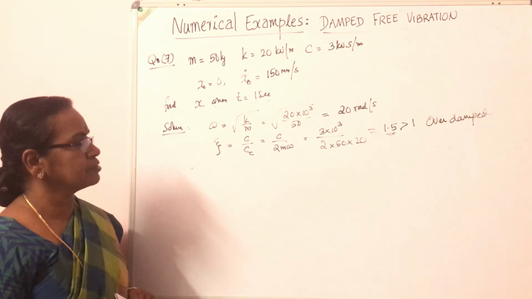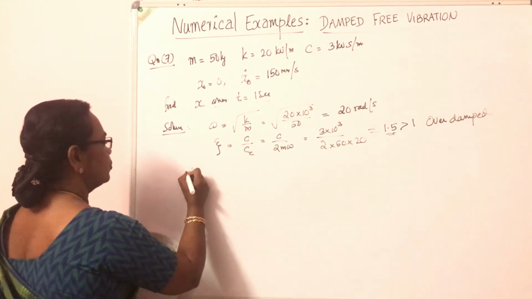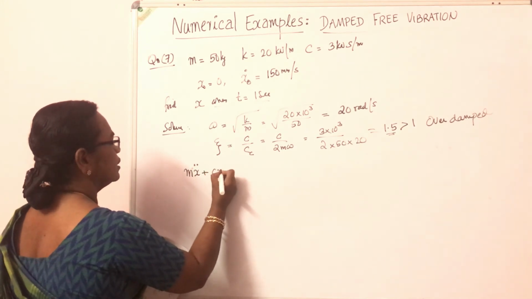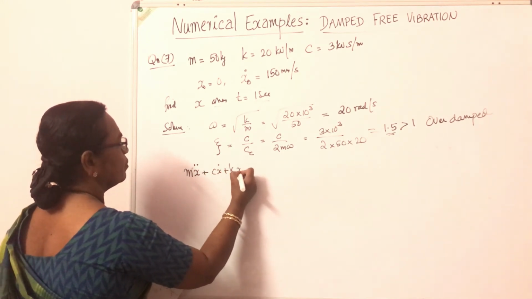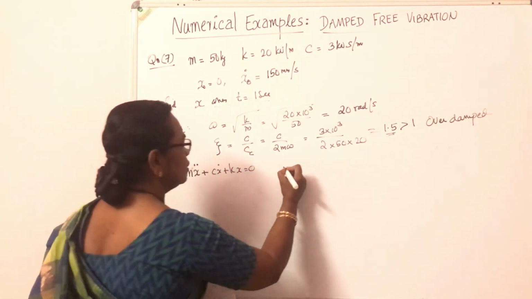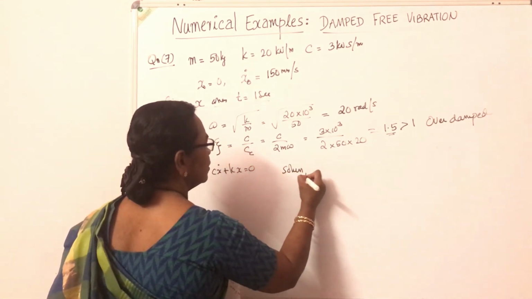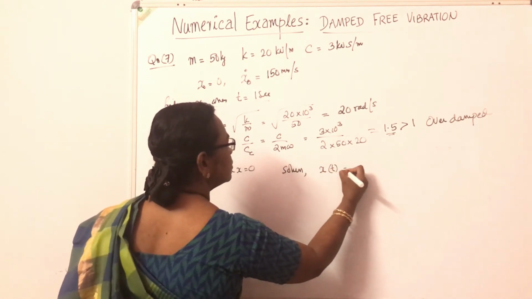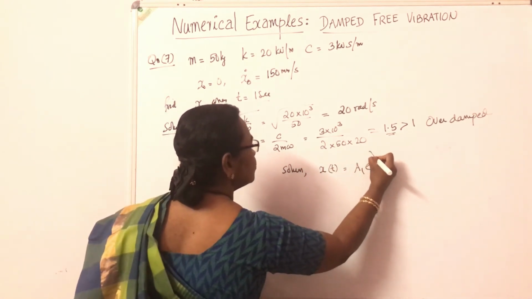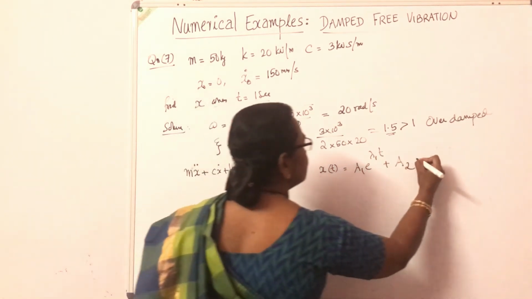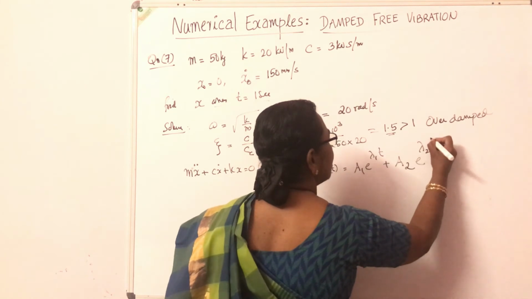The equation of motion is m x double dot plus c x dot plus k x equal to 0. And the solution for an overdamped system is x is equal to a1 e raised to lambda 1 t plus a2 e raised to lambda 2 t.